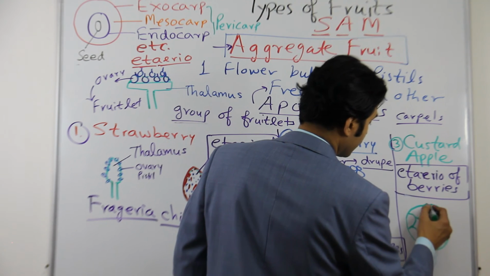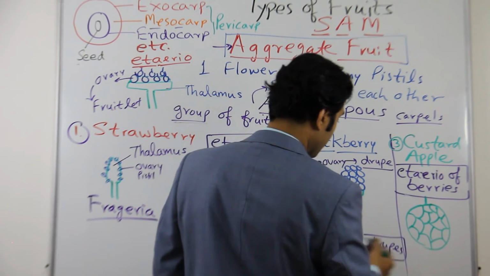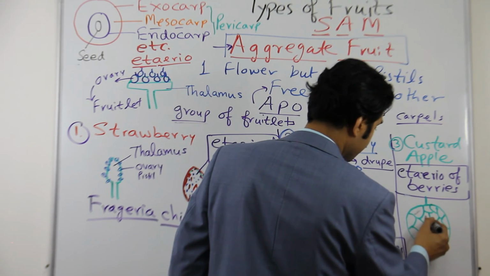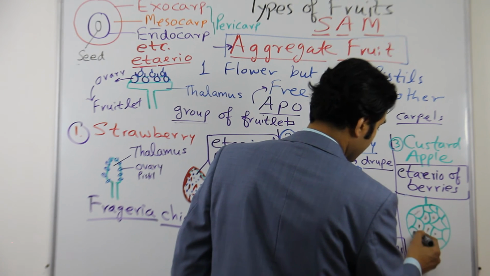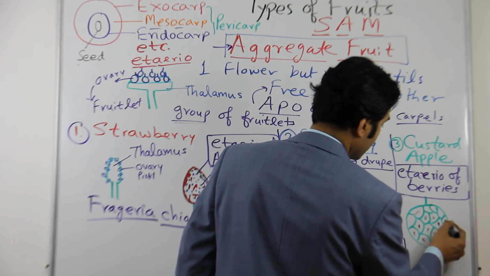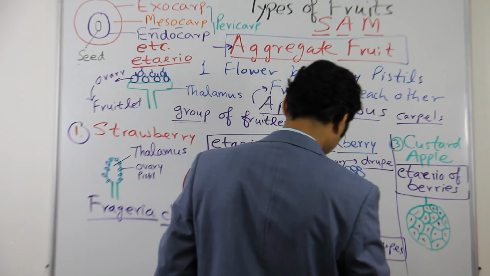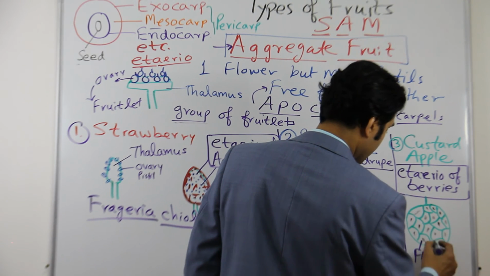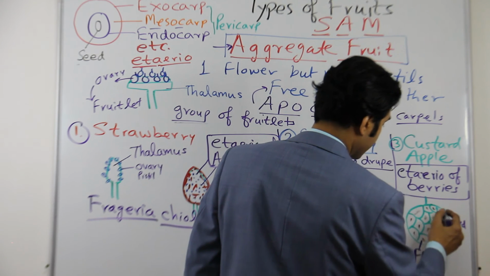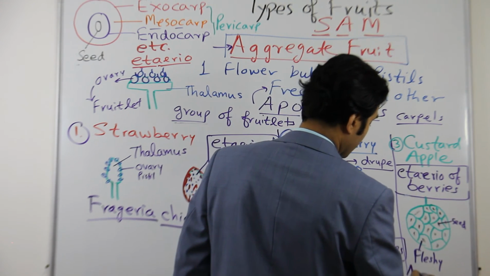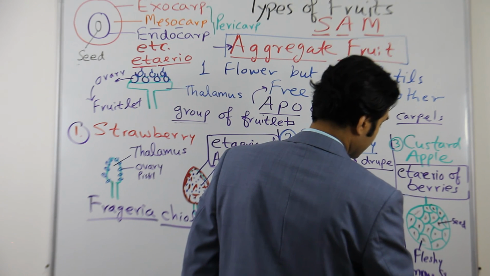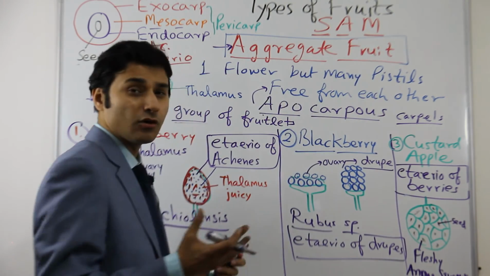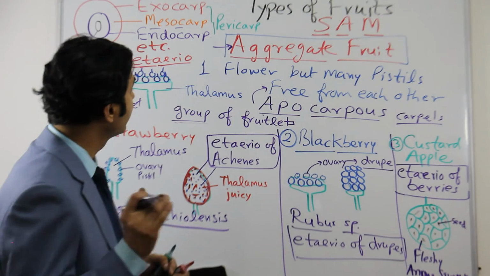These are the outside structure, and when it is open, it has the seeds inside, and the fleshy part, which is basically in the berries, the mesocarp. So this is the fleshy mesocarp, and these are the seeds. This is Etaerio of berries, Annona squamosa, custard apple.